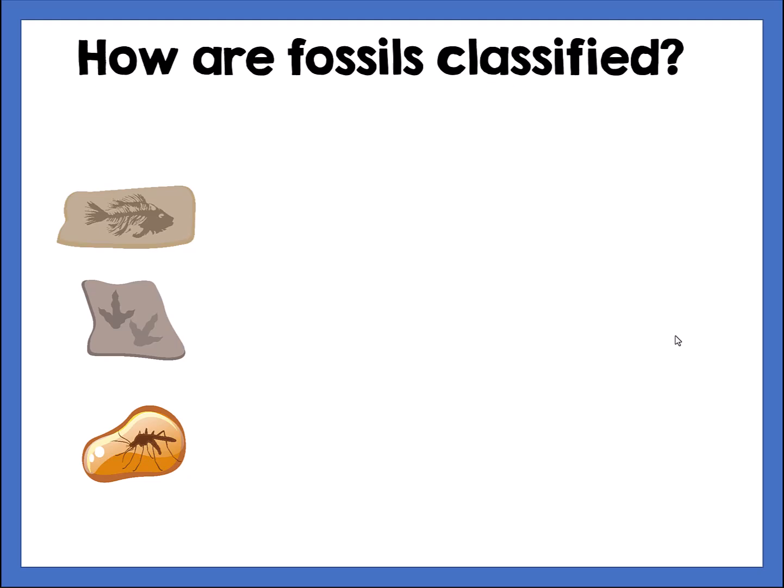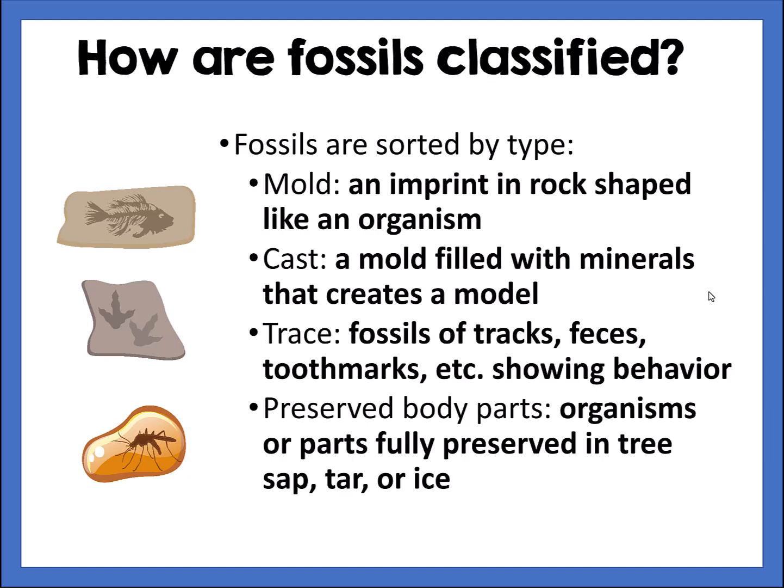And fossils are classified into a couple of different categories. They're sorted into types. Molds are an imprint in a rock that are shaped like an organism. That's probably the type of fossil you're the most familiar with. A cast is a mold or imprint filled with minerals that creates a three-dimensional model. So this would be projecting from the rock rather than indented into it.